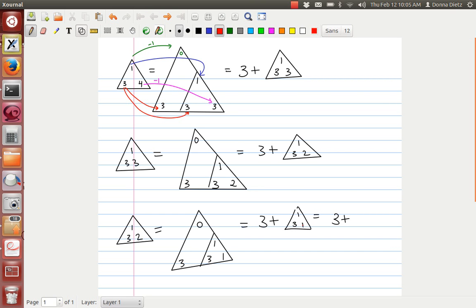The rule says that because there's a 1 in this corner, I just inherit that value. Okay? So this is 6. So this is 3 plus 6, which is 9. And this is 3 plus 9, which is 12. All right? So let me pause this.